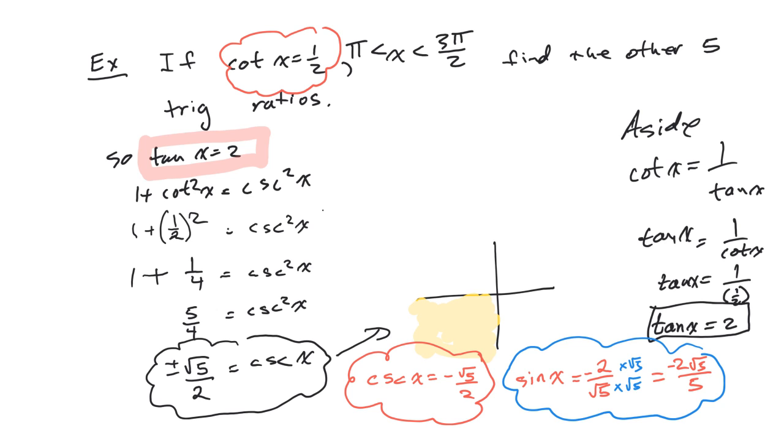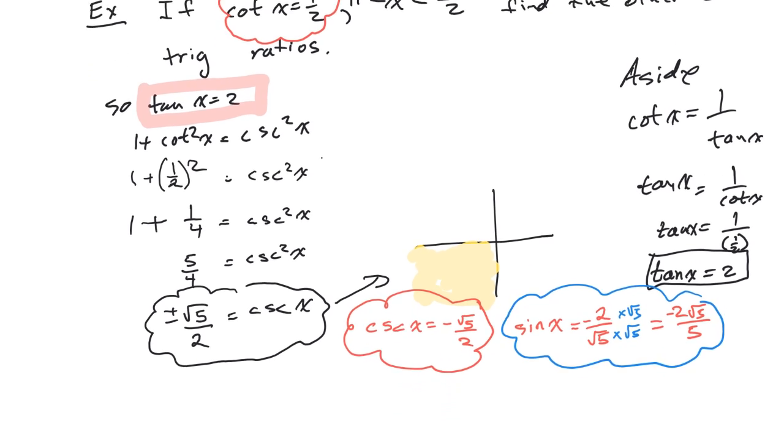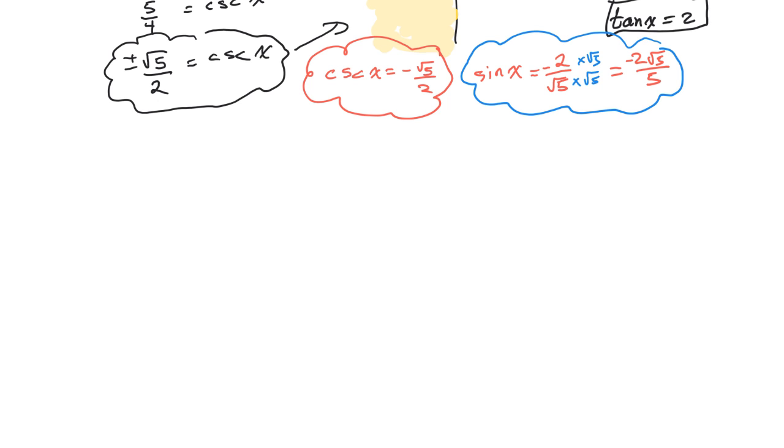Now, to compute cosine of x, we can use an alternate form of the Pythagorean identity. All right, so remember that we originally had cos squared x plus sine squared x is equal to 1.